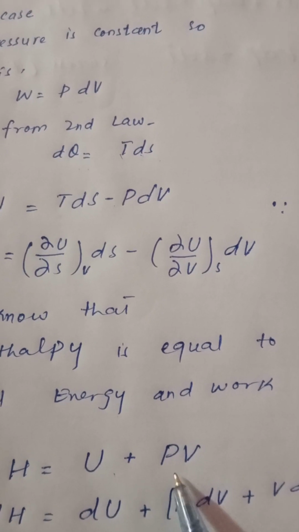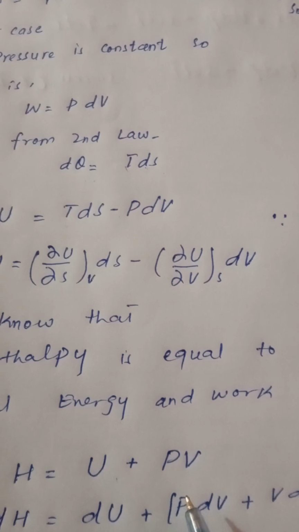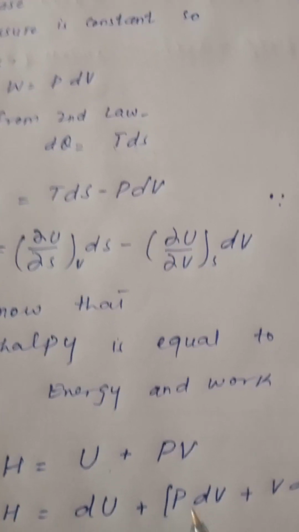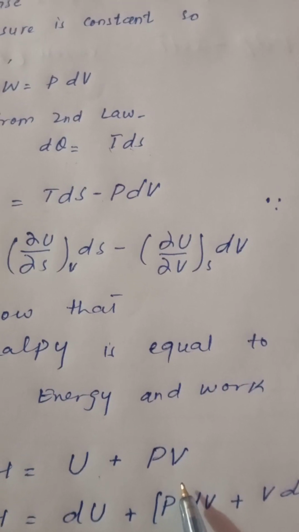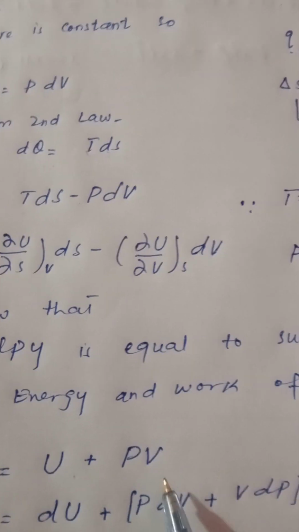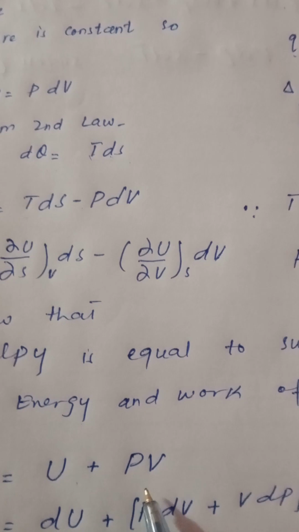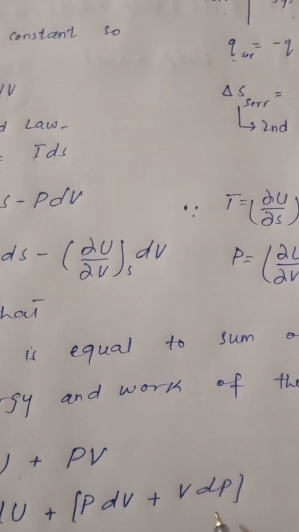Here we apply the product rule of the derivative. The first thing as it is, and the derivative of the second, plus the second thing as it is, and the derivative of the first, dP.